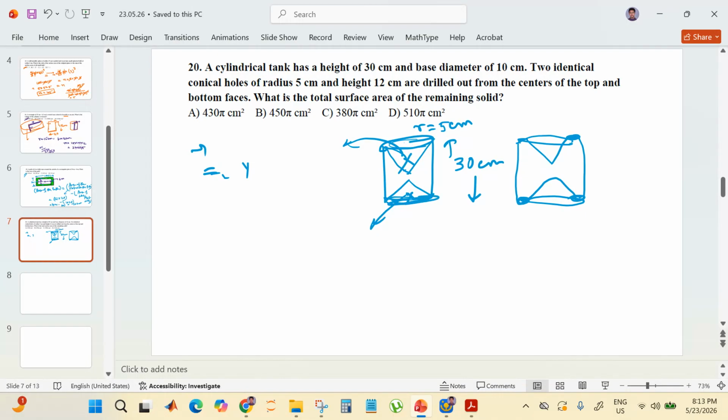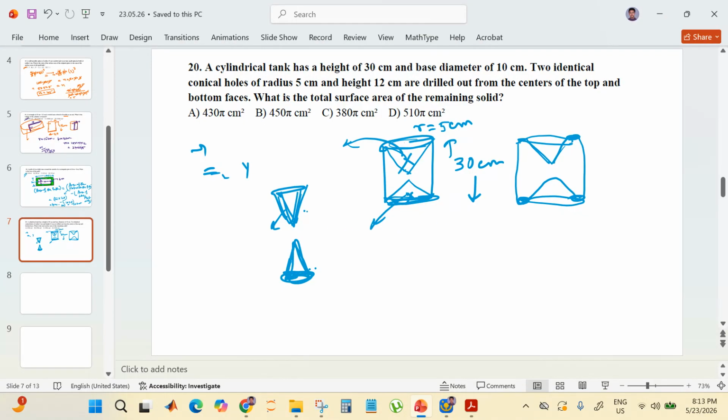So this base and top part will be omitted. Additionally, this part, the slant area part, will be added.